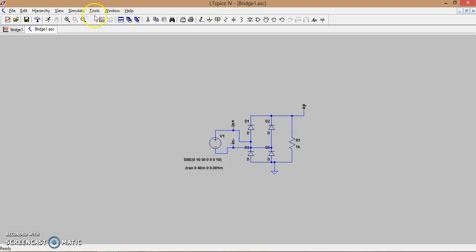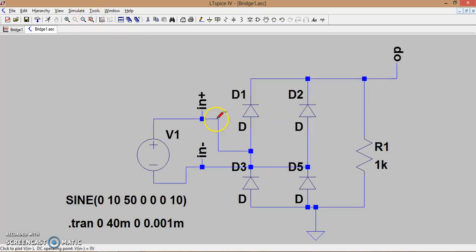If you carefully observe the circuit diagram, there is a dot which is being unnecessarily created here. Actually the input voltage negative would have been connected to this point. Let me redo this. Let me disconnect this wire, and this wire also.